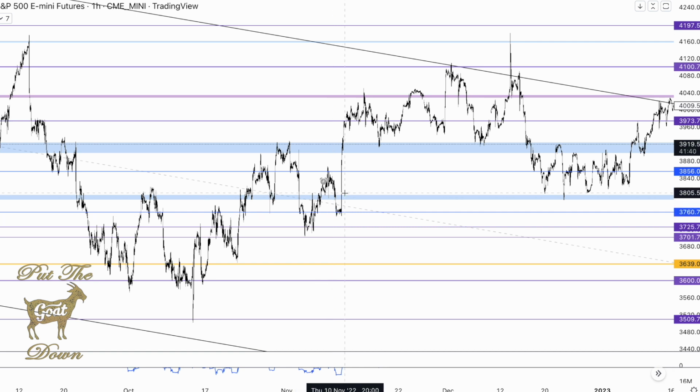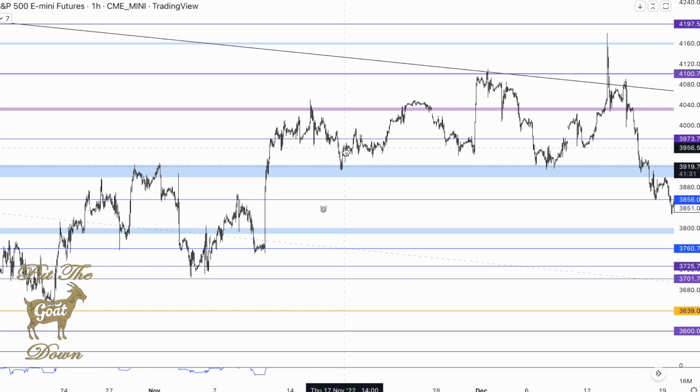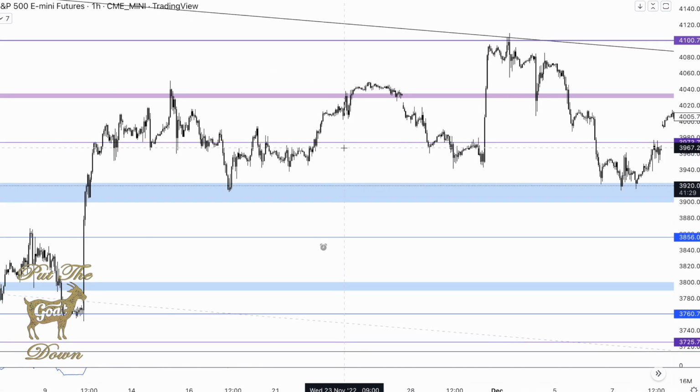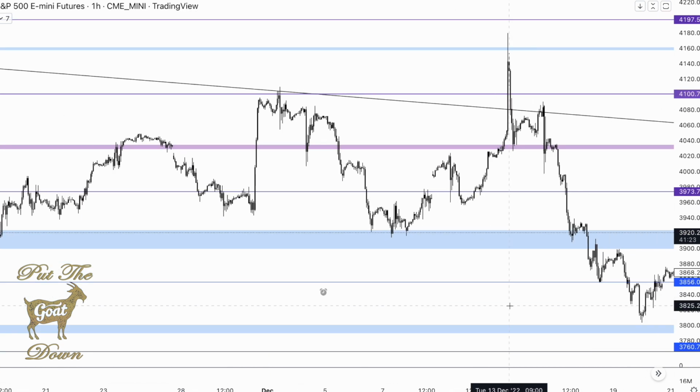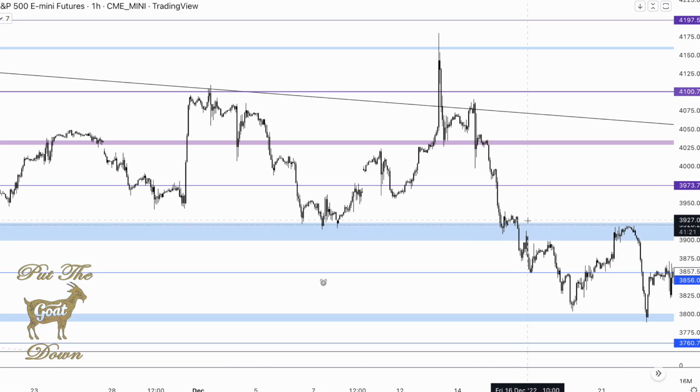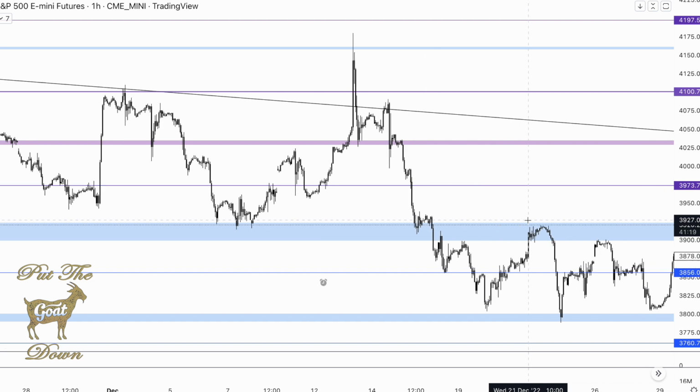A lot of times, once price goes up and gets through, I will delete these levels. However, in this situation, you can see the price stopped, and then it caused a reaction, and then it caused a reaction, and then it caused a reaction. And when that happens, I leave it.